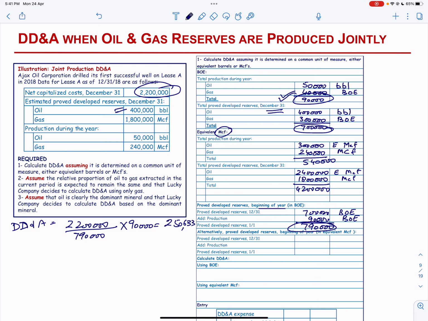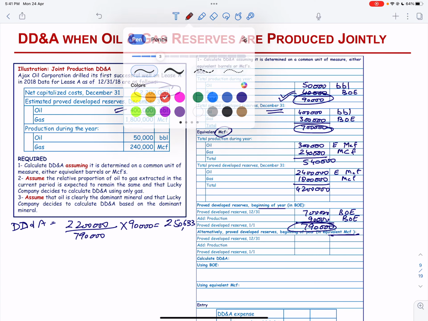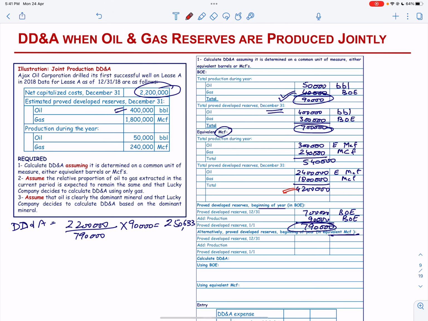Okay, next we can solve the same problem with the equivalent of metric cubic feet. So proved developed reserves in metric cubic feet was 4,200,000 equivalent of metric cubic feet.